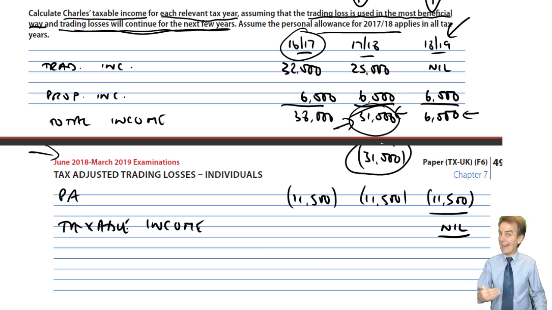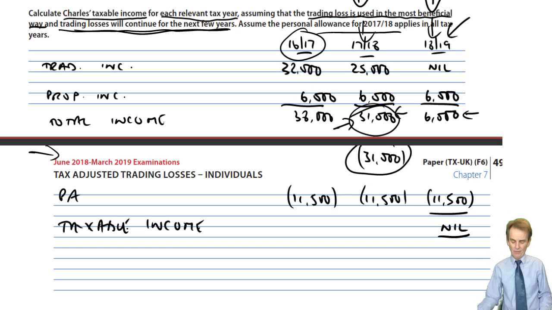Not only do we save paying on that, we've already paid on it. By the time we've got to 18-19, we'll already have paid the tax for 17-18. So our tax repayment that this loss claim will generate will of course be the 20% of the £19,500, whatever that comes to, £3,900 or something, which would be a very useful payback to the individual here, to Charles, given that his business is making losses and the only other income that he has is his property income of £6,000.